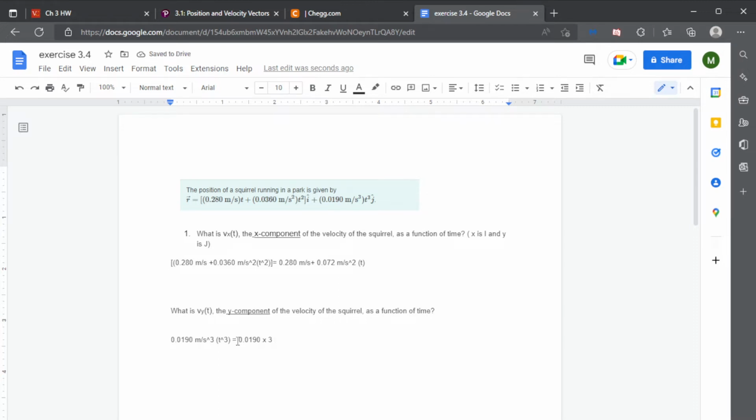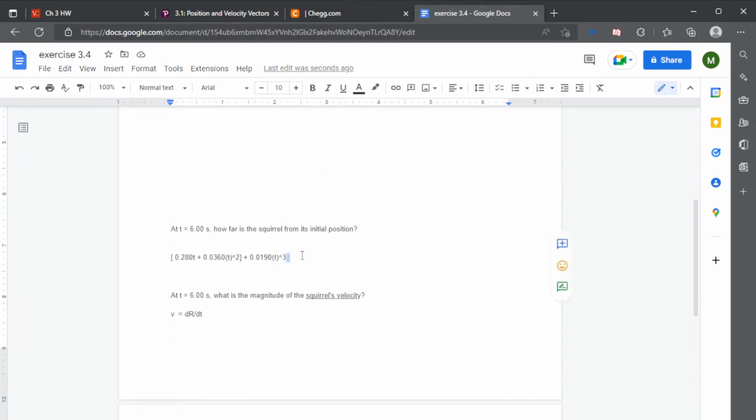So 0.0190 times 3 equals 0.0570 meter over seconds cube with t square. Since you got the 3, you move the 3 out here, so that's how you get it. It's like a derivative.